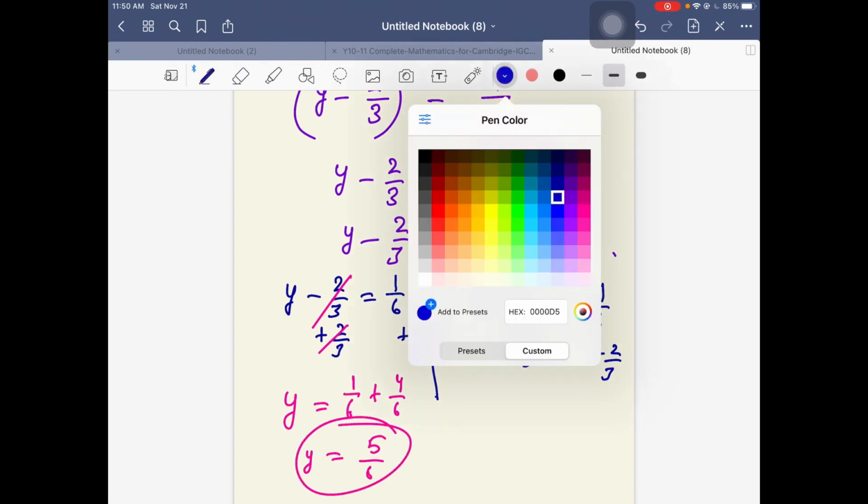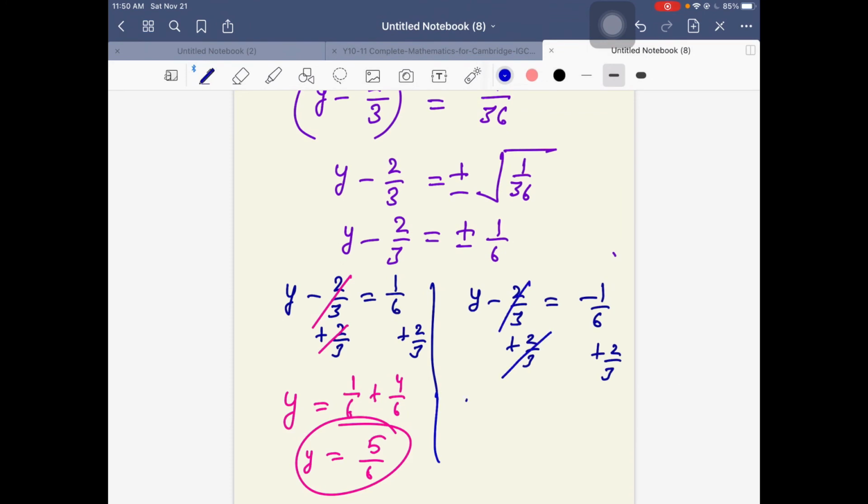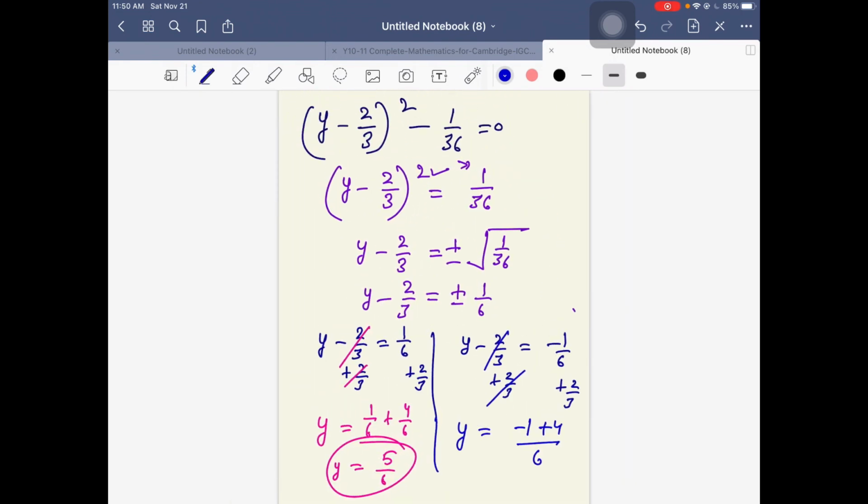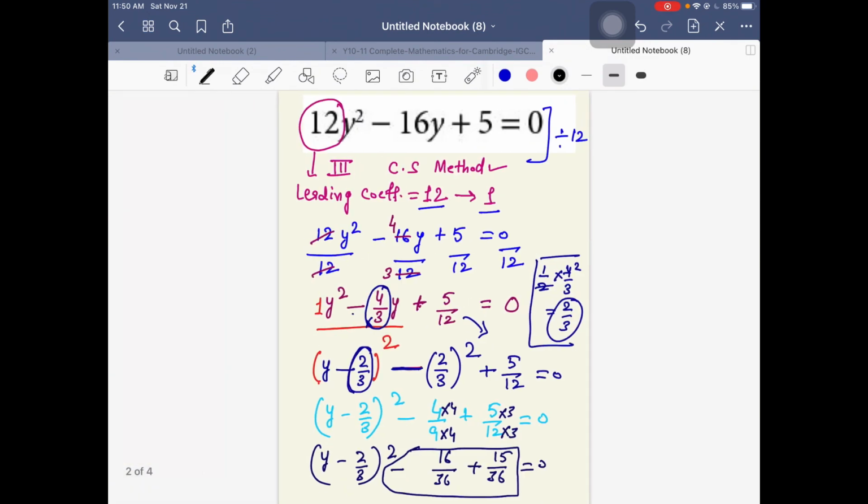On the other side, this cancels, and y is equal to minus 1 by 6 plus 4 by 6, which is 3 by 6, which is 1/2. So ultimately we got two solutions of this equation, y equal to 5 by 6 and 1/2.